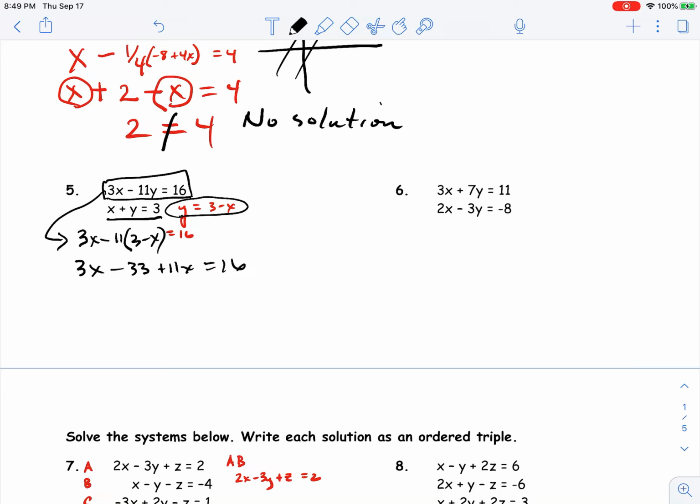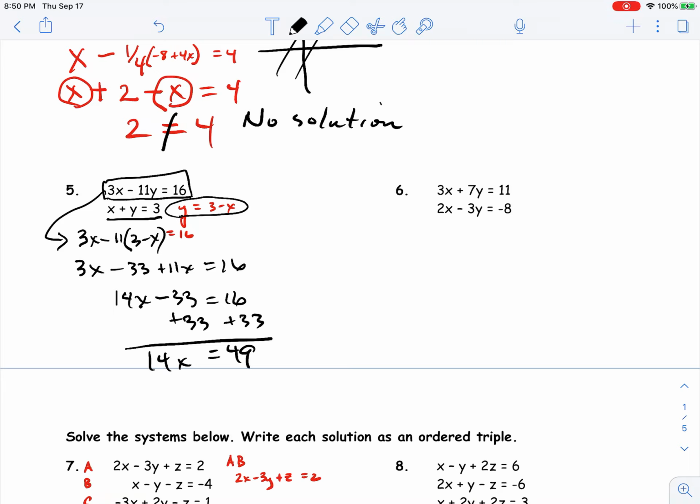When I combine like terms, it looks like I'll end up with 14x minus 33 equals 16. So what I want to do is add 33 to both sides, and I end up with 14x equals 49. So we're in a good place here.